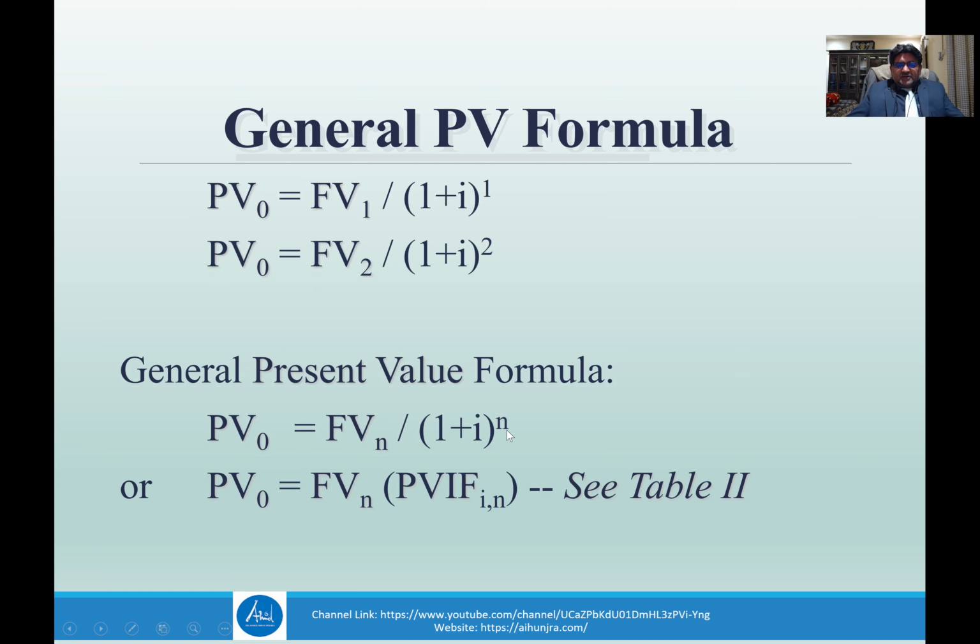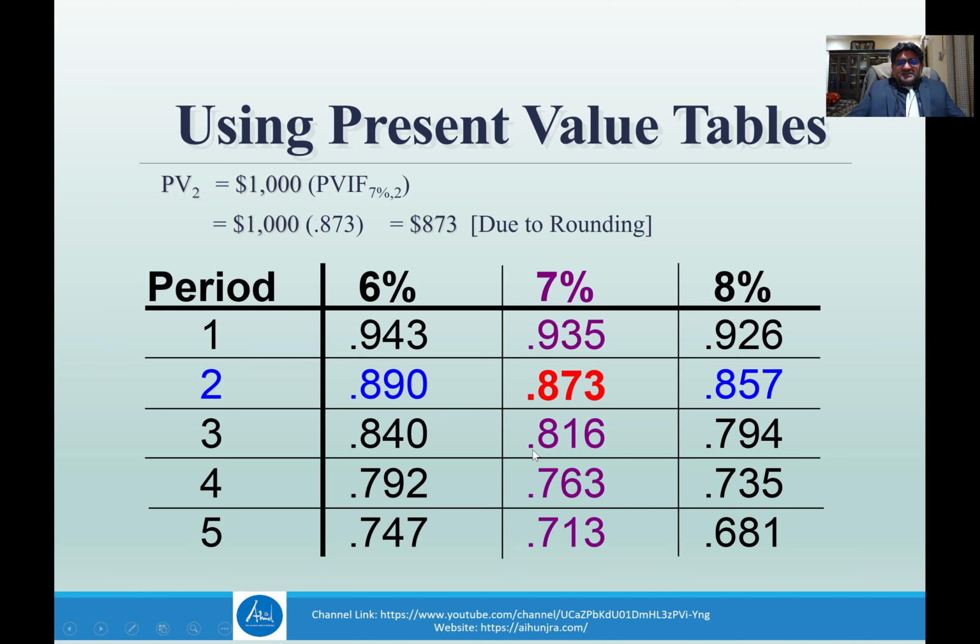We can calculate the same value from the present value interest factor table. So 1 divided by 1 plus i raised to the power n is the interest factor of present value. Look here.